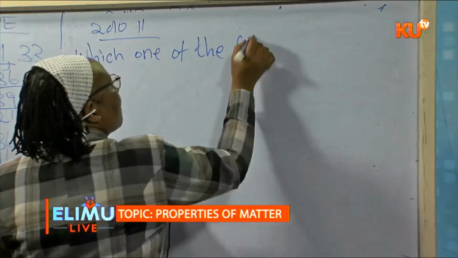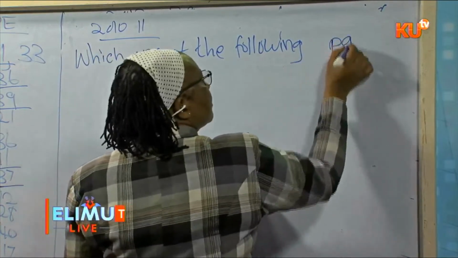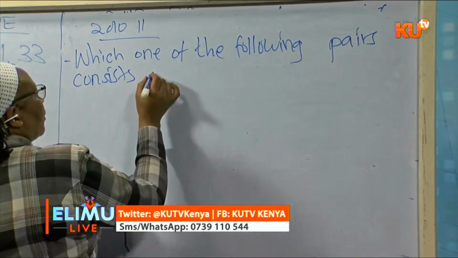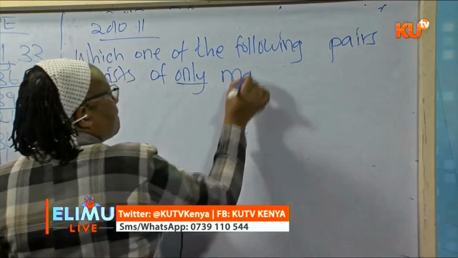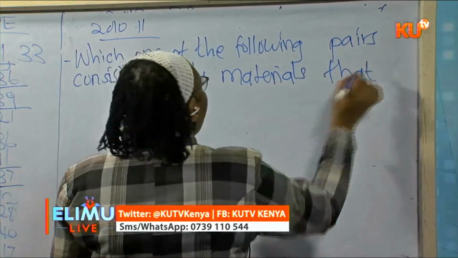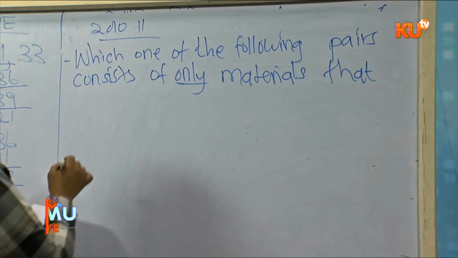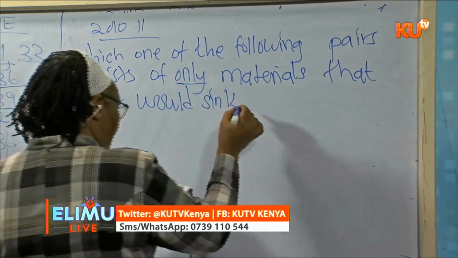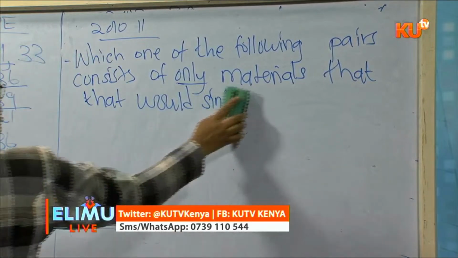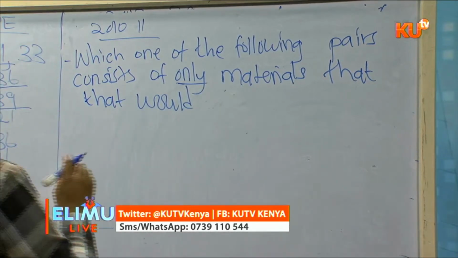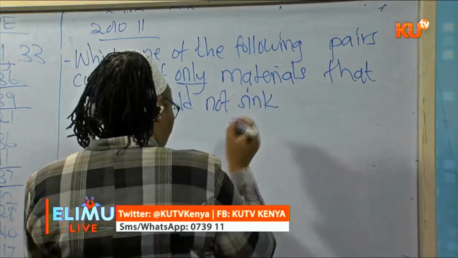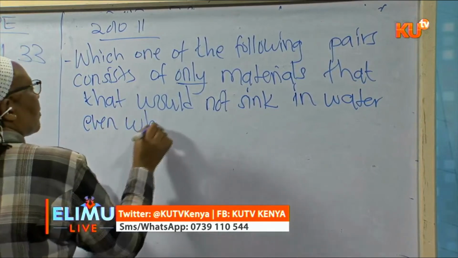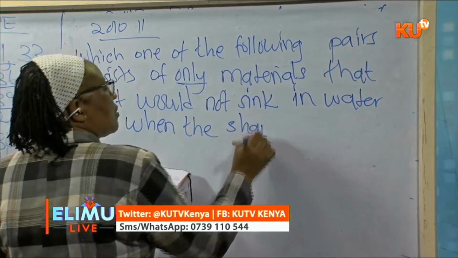Which one of the following pairs consists of only materials that would not sink in water, even when the shape is changed?